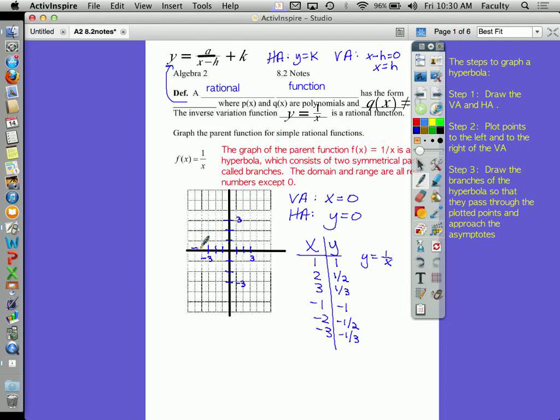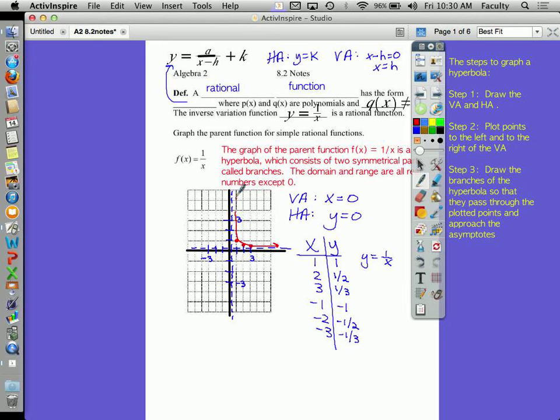So I have a horizontal asymptote of y equals 0. And make sure it's dashed enough that I can see it, because if I can't see it, unfortunately, I have to take points off. Now I'm going to plot my points. I have 1, 1, 2, 1/2, 3, 1/3.